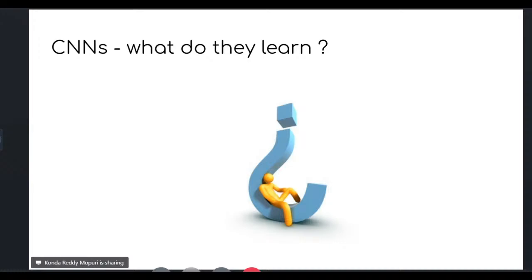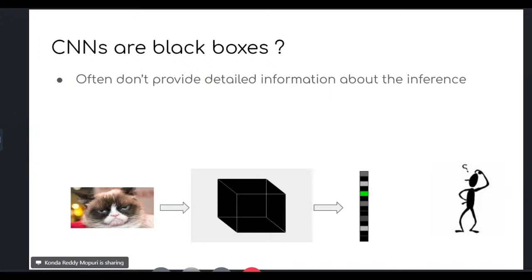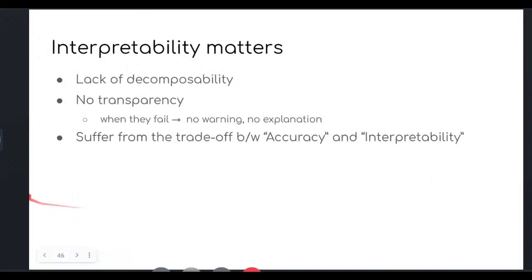When they fail, there is no warning, there is no explanation. For example, if it misclassifies something as a laptop, we don't know. It doesn't tell why it failed, or it doesn't even realize it failed most often. Whether it failed or succeeded, in both cases it doesn't say why it did what it did, nothing, right? And we have seen the graph between accuracy and interpretability.